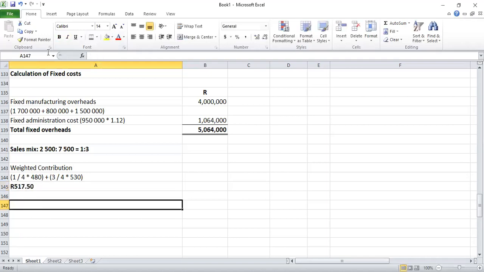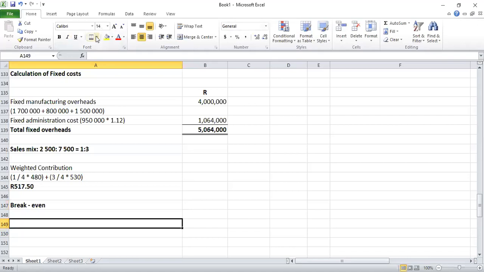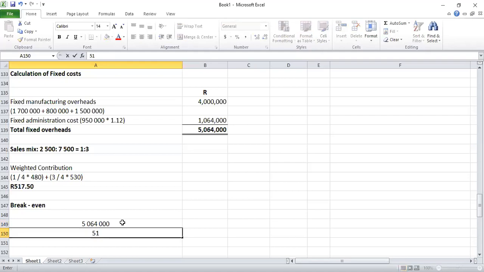So then our break even would be equal to 5,064,000 divided by 517.50.